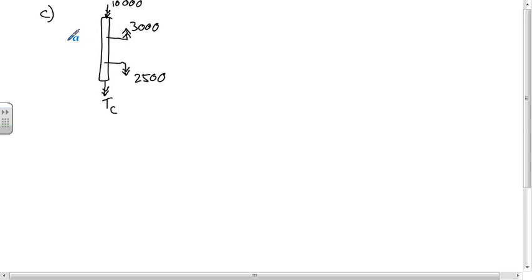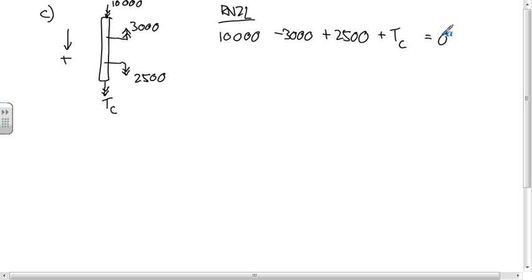TC. So 10,000 minus 3,000 plus 2,500 plus TC equals 0. So TC is equal to, what, negative 9,500?